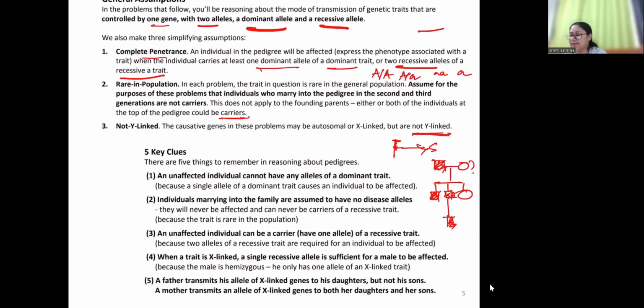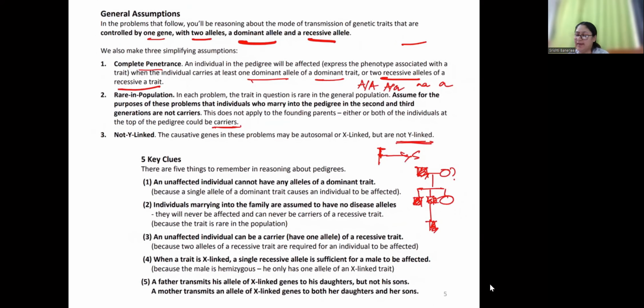So there are 5 clues. I would suggest that you go back and see what these clues mean. I'll be discussing them now. There are 5 clues that we have to keep in mind before solving any pedigree. One is that an unaffected individual cannot have any alleles of a dominant trait.